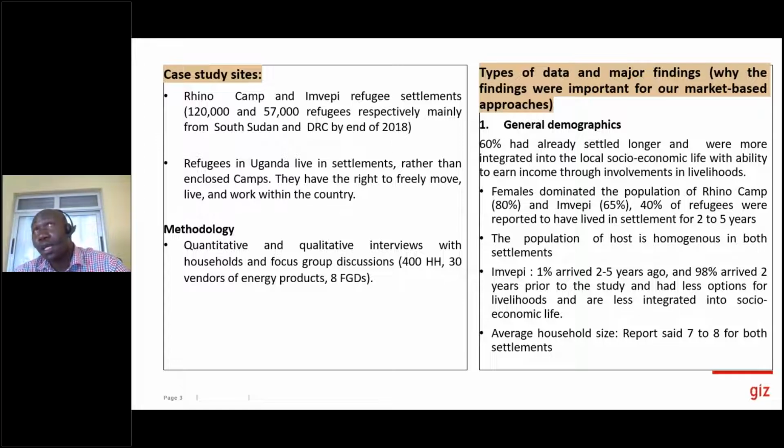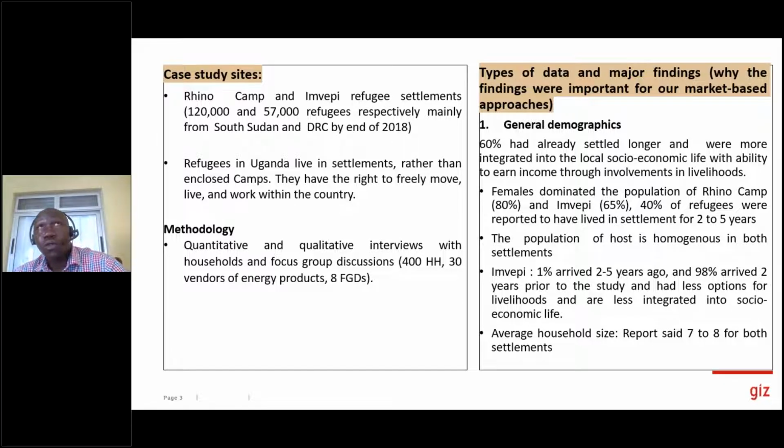All the market-based approaches that we tried to pilot and scale fit very well with this data that we got. Also, when you are doing this kind of assessment, it's very important to look at the average size of households, because at the end of the day, it will influence the type and size of technologies that could be bought or adopted easily in these settlements.